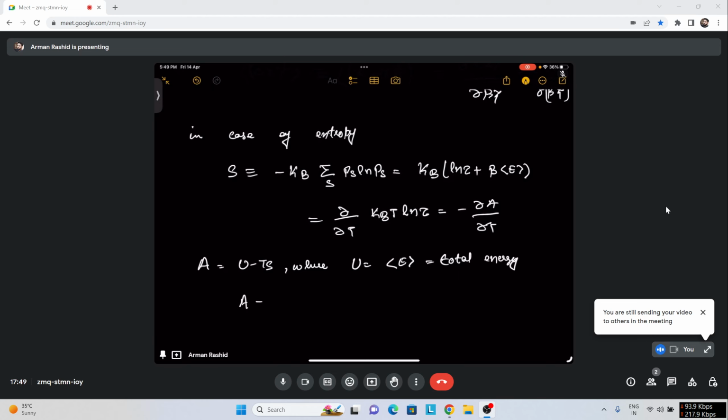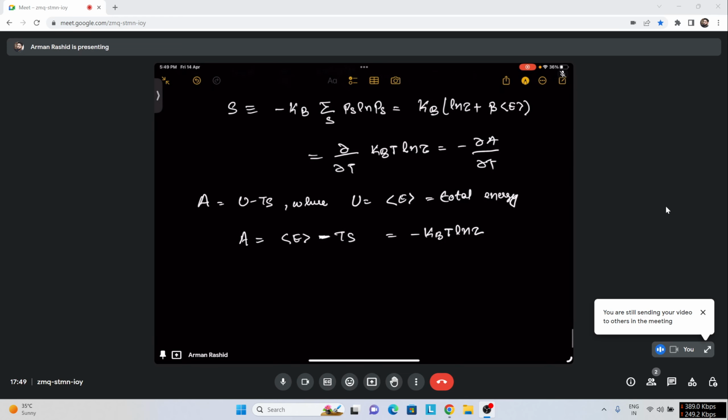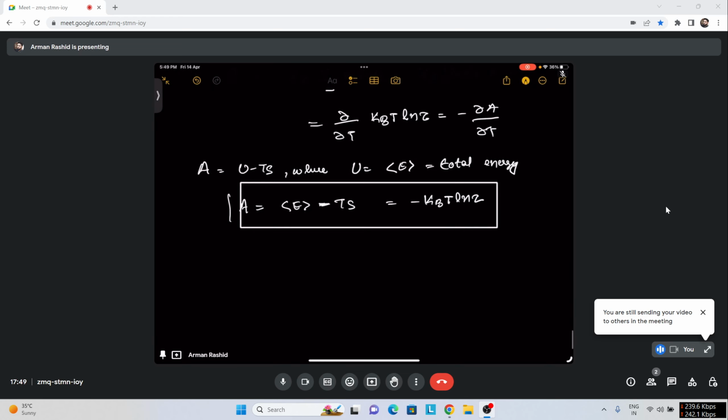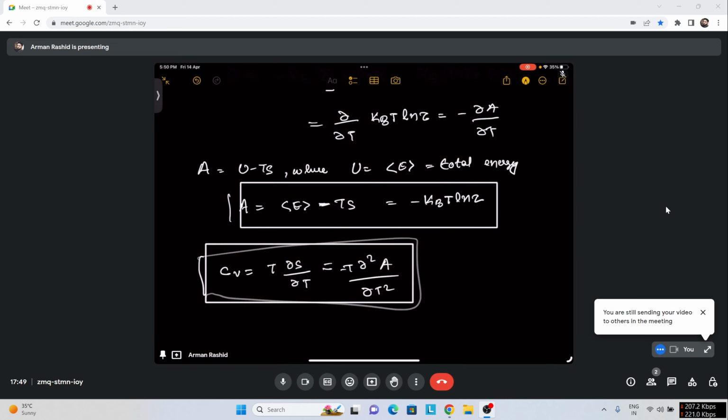Therefore A will be given by expectation of E minus TS, that is minus kB T ln Z. So we have derived an equation for the Helmholtz function. Therefore heat capacity at constant volume can also be defined as T delta S by delta T, which is given by minus T del square A by delta T square. This is heat capacity at constant volume.